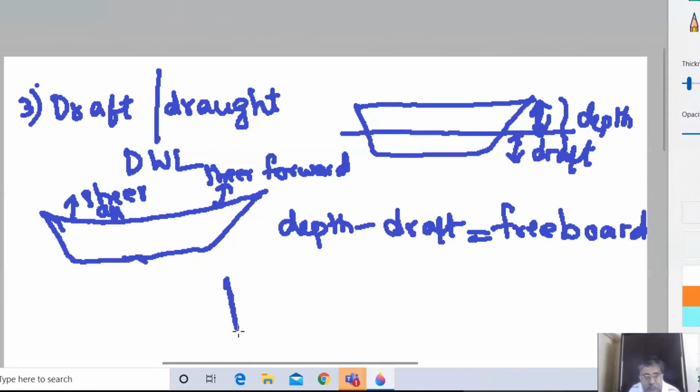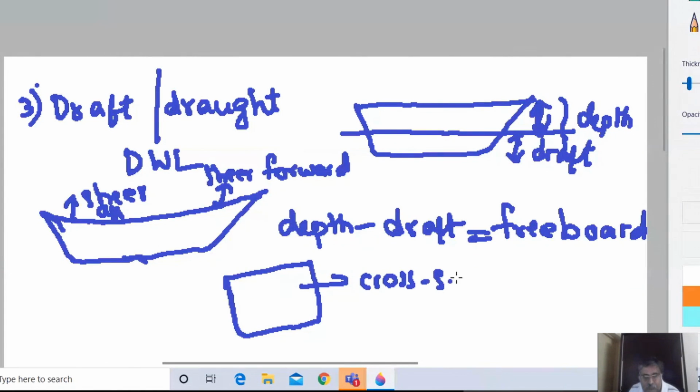Similarly, we can have another thing. Suppose you look at the ship from the other way around, like this, then you will have a section like this. This is what we mean by this drawing. It is known as a cross section. It's a little curved.